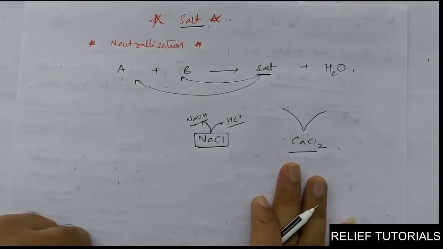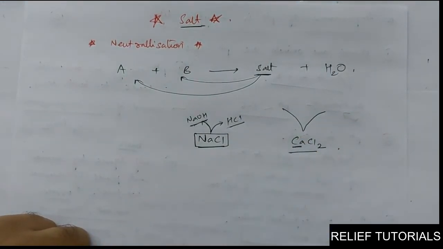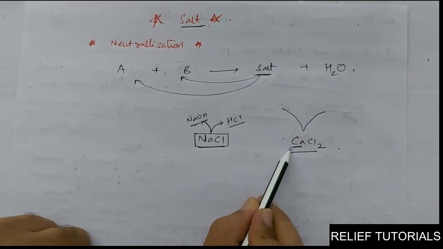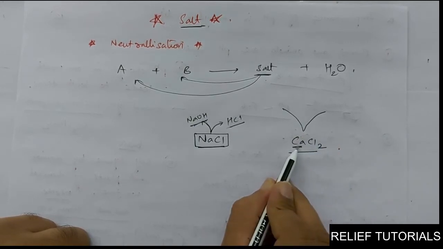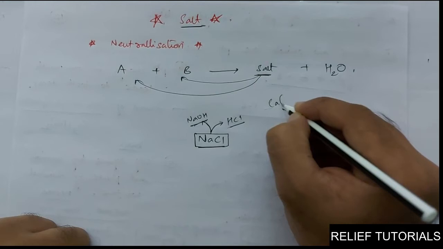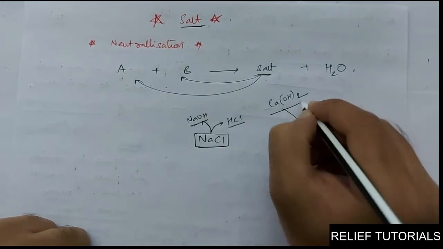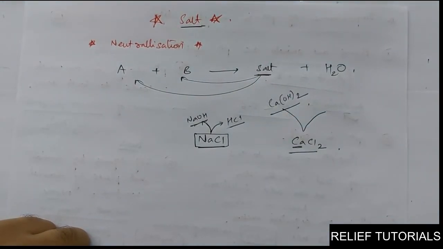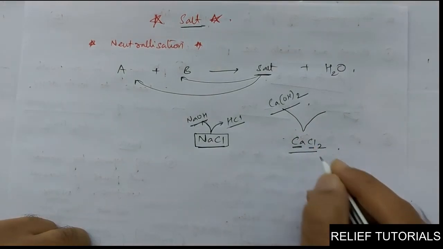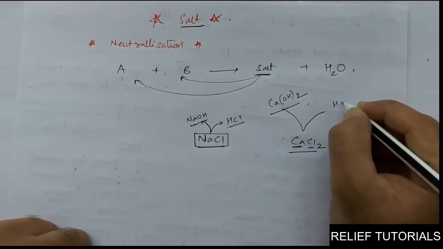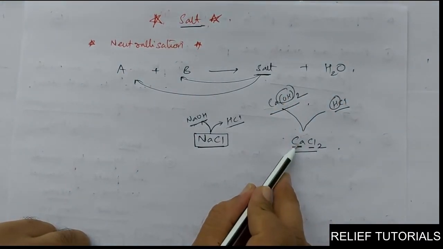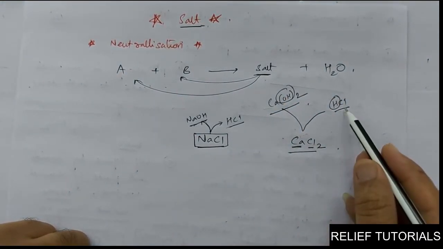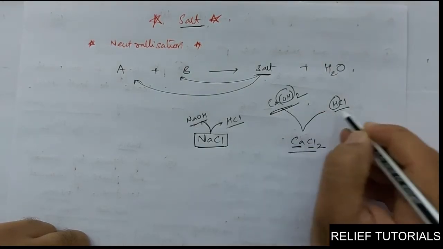Ca is the metal, and we know the base is obtained from metal. So react Ca with OH, and it forms Ca(OH)2, calcium hydroxide, the corresponding base. For Cl, which acid contains Cl? That is HCl. OH is added to Ca and H is added to Cl, so we get the corresponding acid and base.